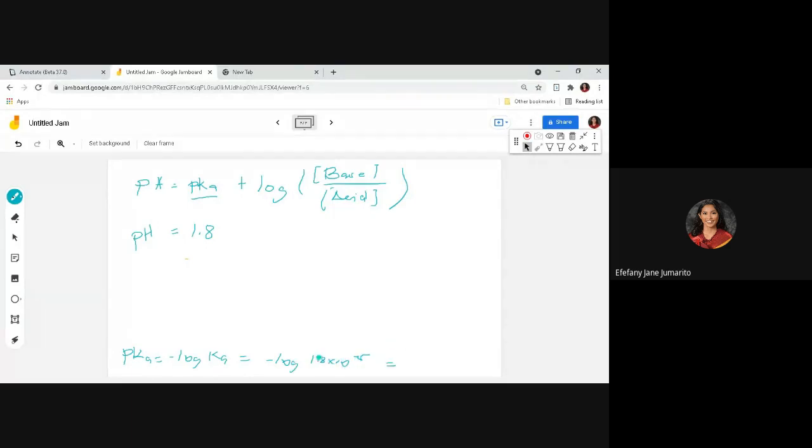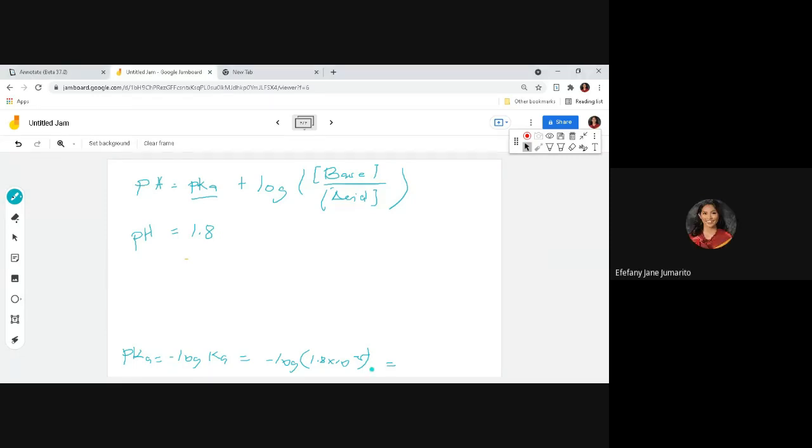So what is pKa? Calculate. Negative log of 1.8 times 10 to the negative 5.